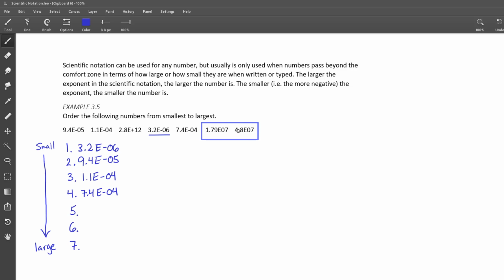Moving on, we get to the 2 numbers that are at the exponent 7 on the 10. 1.79 is smaller than 4.8, so 1.79 is going to come first. 1.79 times 10 to the 7th, then 4.8 times 10 to the 7th, and then finally we get to our 2.8 times 10 to the 12th.